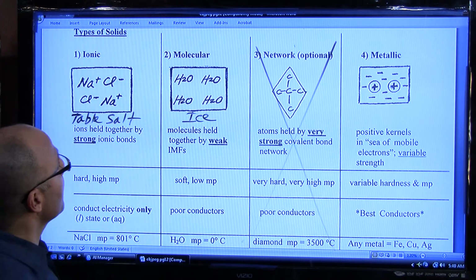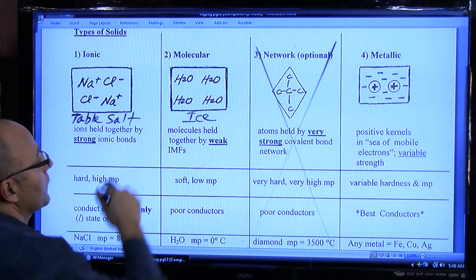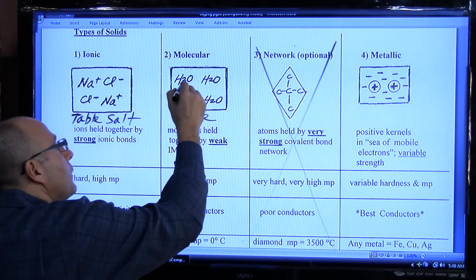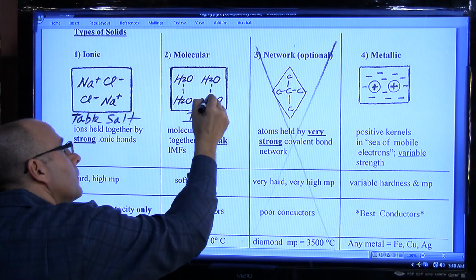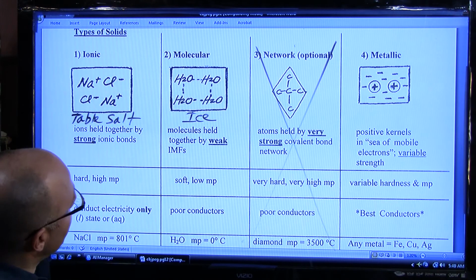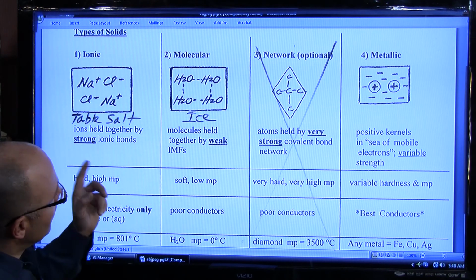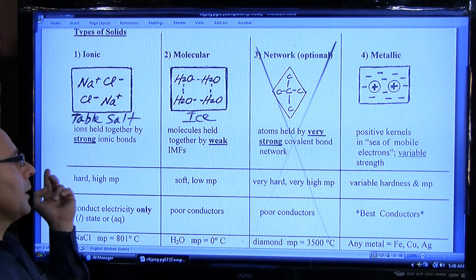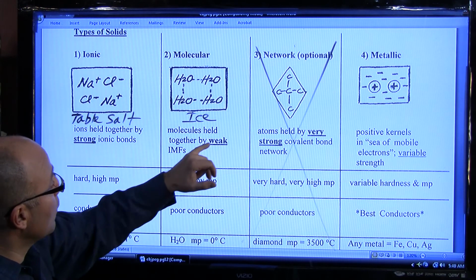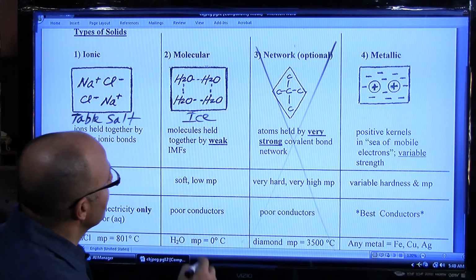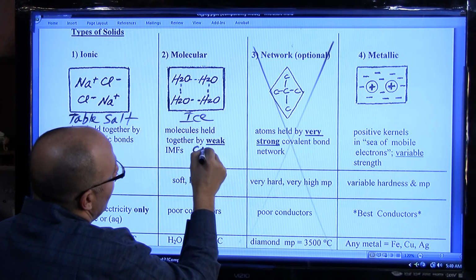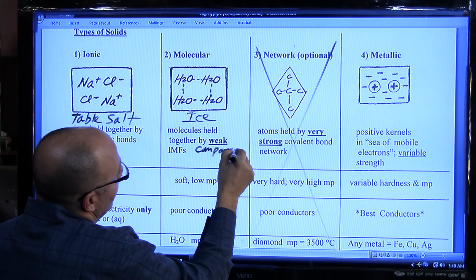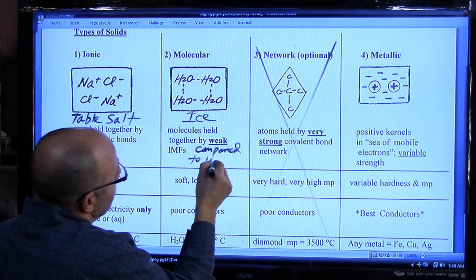Example of that would be ice, consisting of molecules. And the molecules hold on to each other with hydrogen bonds, as we just mentioned a moment ago. But when you compare the attractions between molecules to the attractions between ions, we'd have to say that they are weak in comparison. So these are weak compared to ionic bonds.